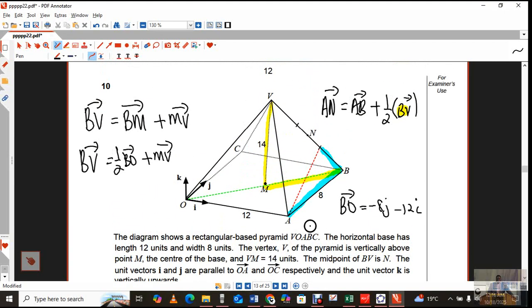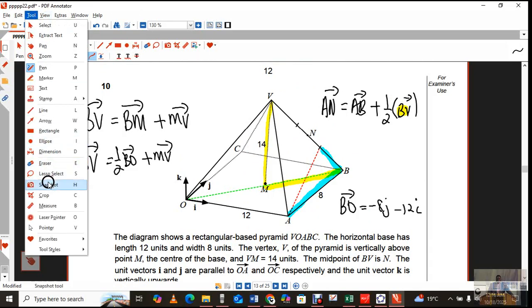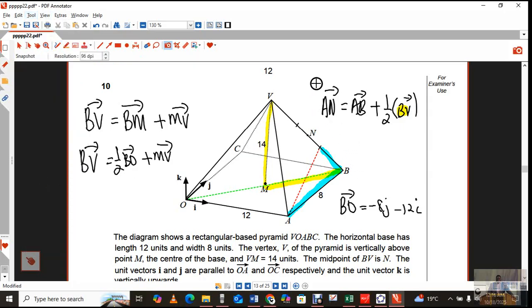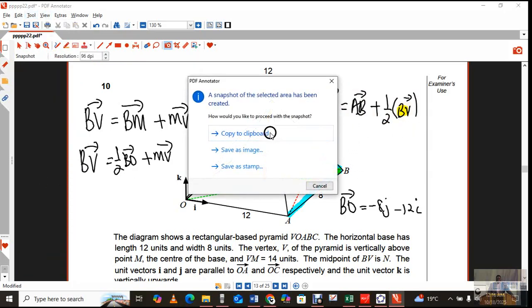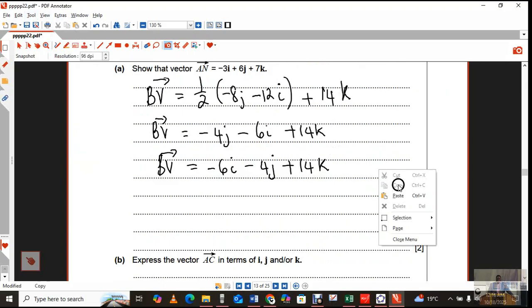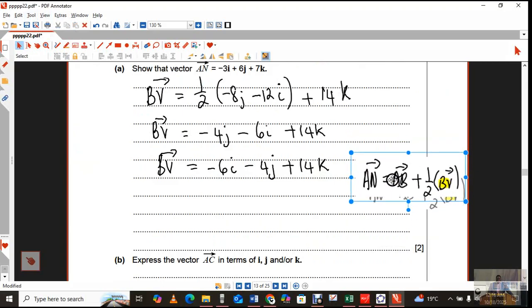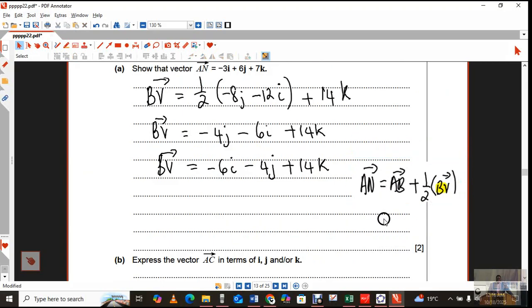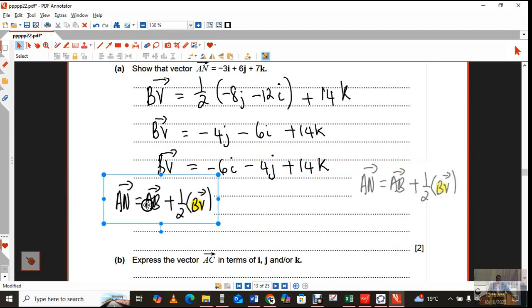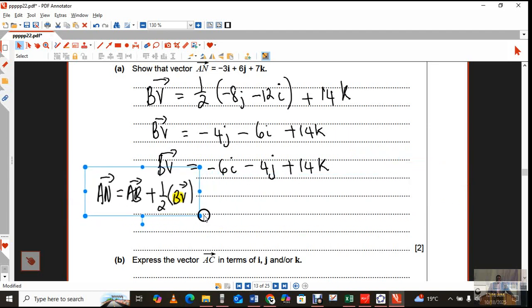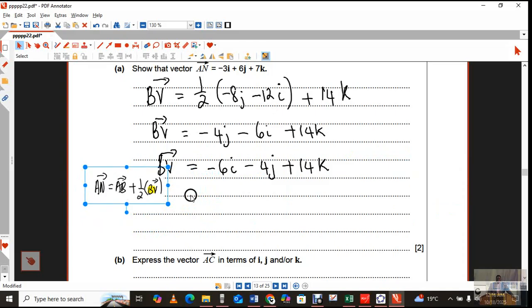If I come to this, maybe I can grab it. This is why it's important. I'm going to just paste it over here, because I'm looking for AN. So finding my AN then.